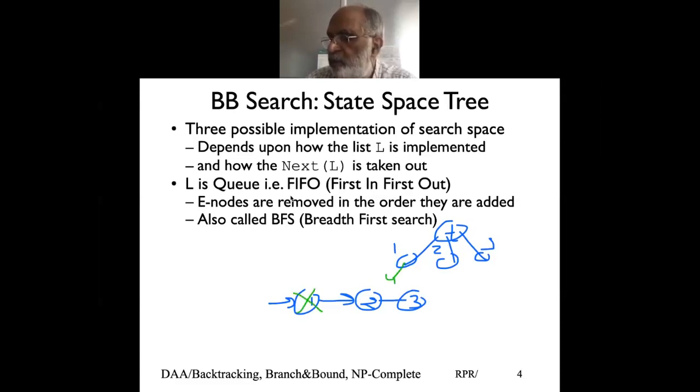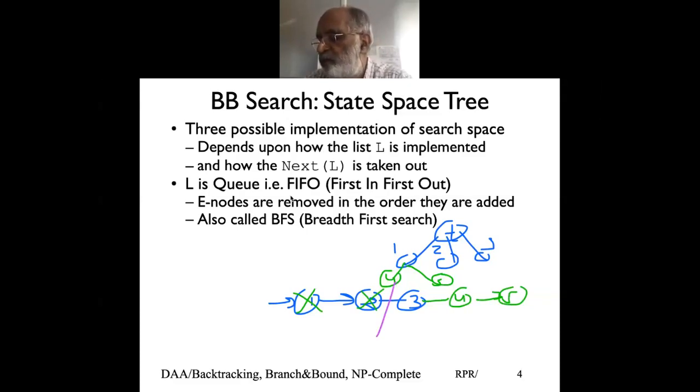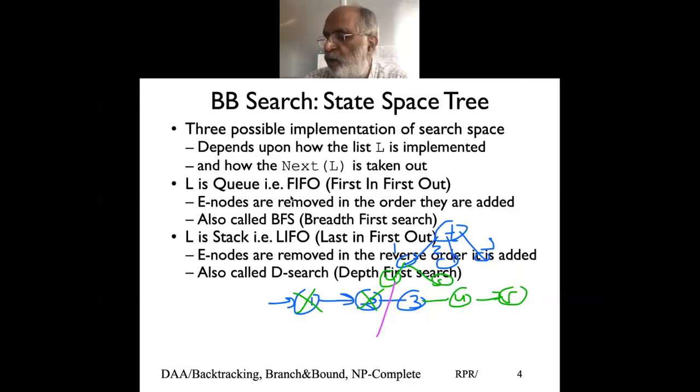Let's say its children are 4 and 5. I add 4 and 5. Then I pick the next node and continue from there. So basically we look at the first level, then the second level, then the third level, and this is what FIFO essentially is. We call it breadth first search. The other is depth first search.